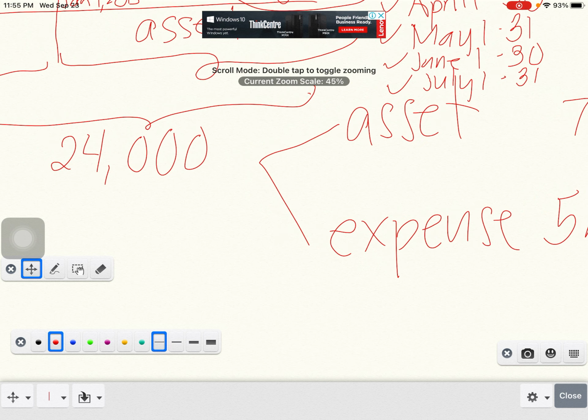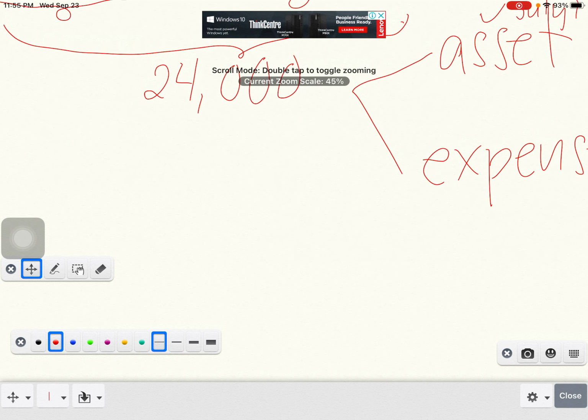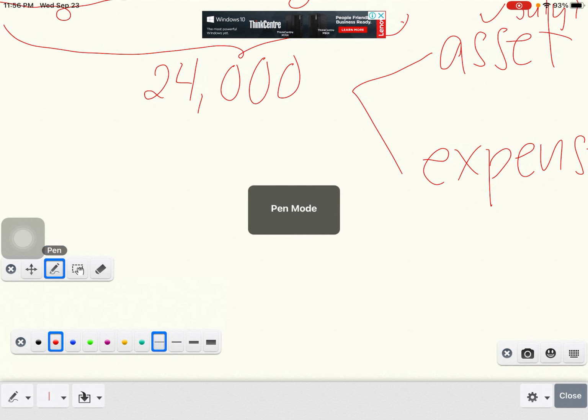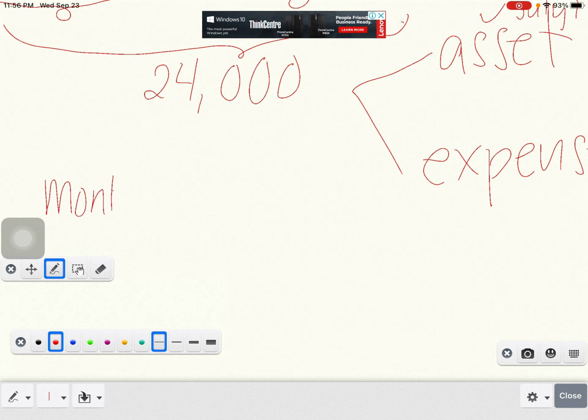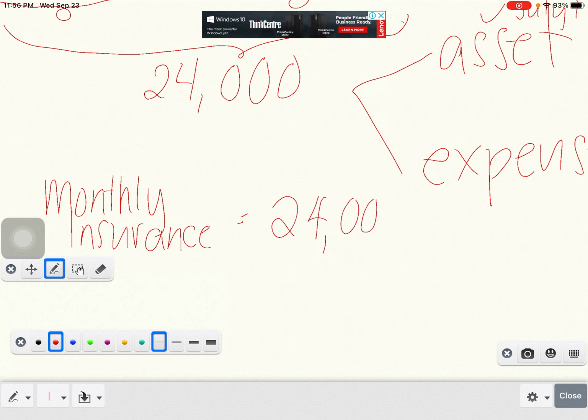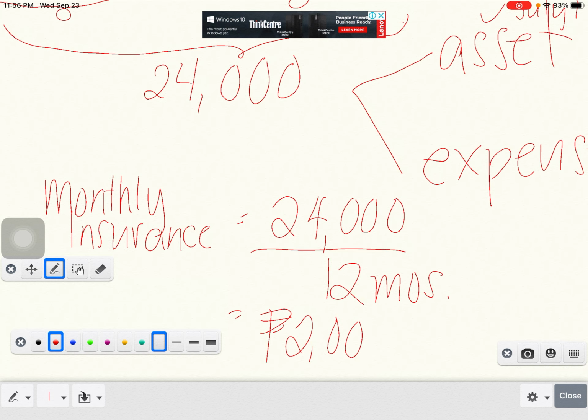So how will you split it up? First, get the monthly insurance. How will you compute that? Simply, that is 24,000 divided by how many months? 12 months in 1 year. So you have 2,000 per month.